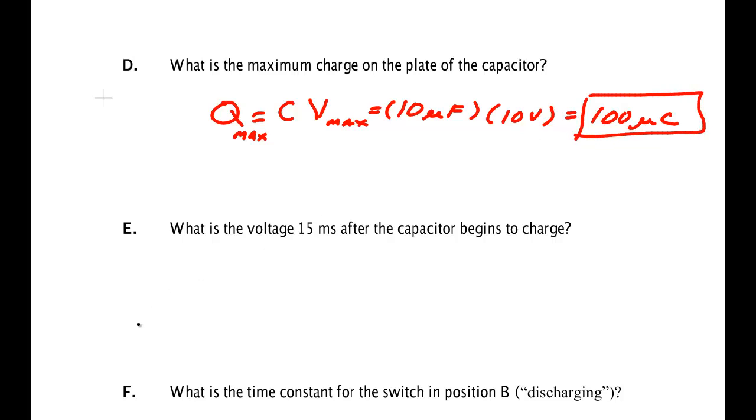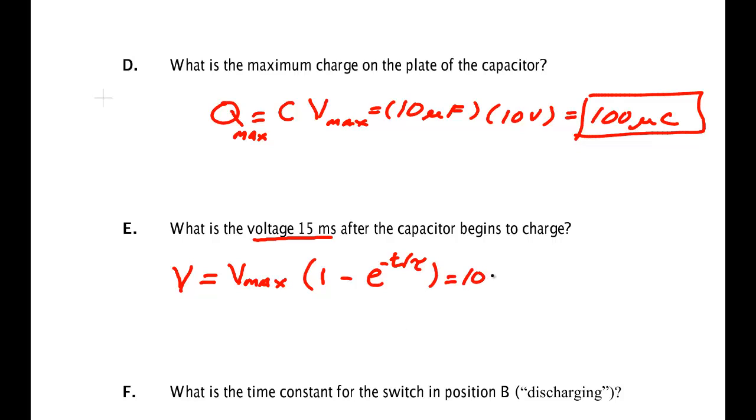Now, they might ask you a more complicated question. What is the voltage 15 milliseconds after the capacitor begins to charge? This is more complicated because you have to know the formula. The voltage across the capacitor is equal to the maximum voltage it can reach times 1 minus e to the minus t over tau.